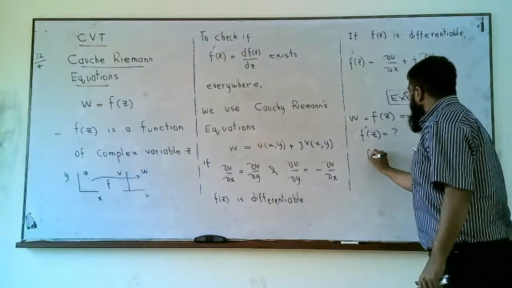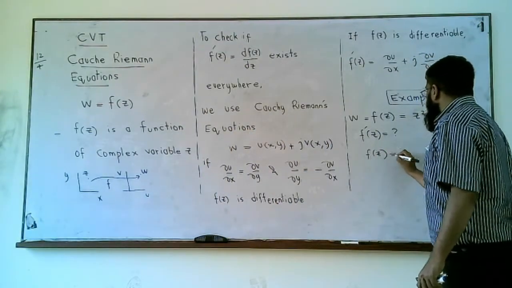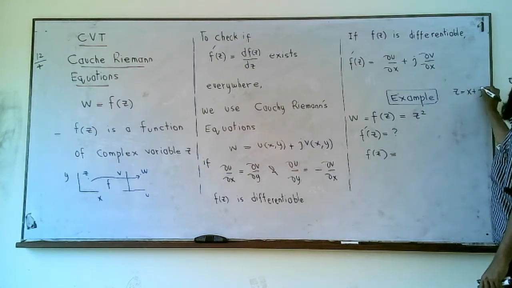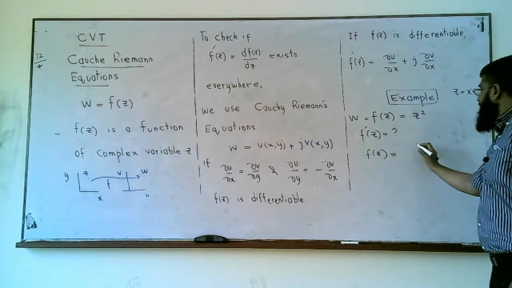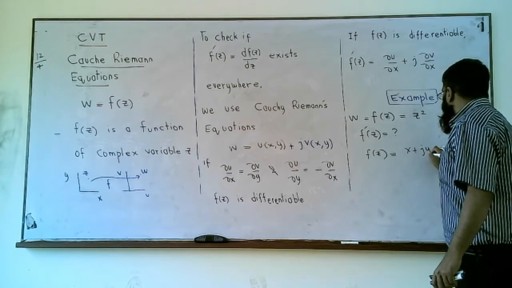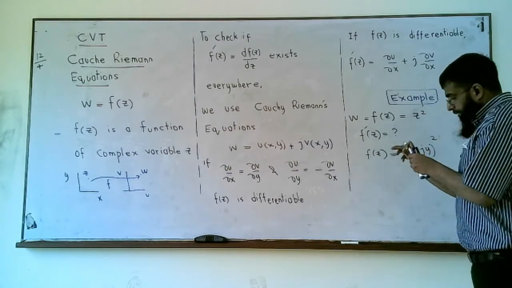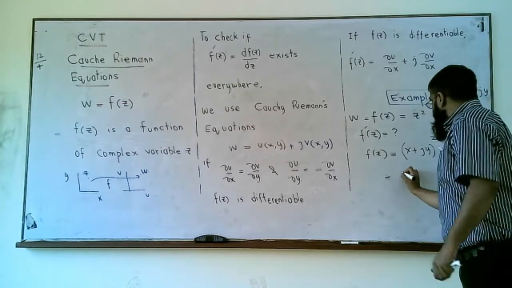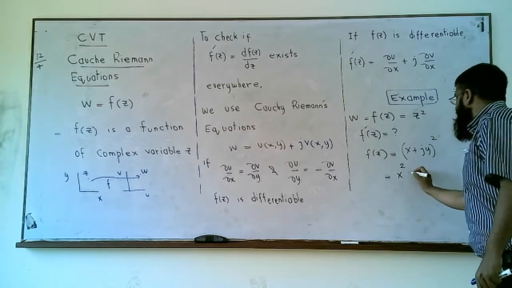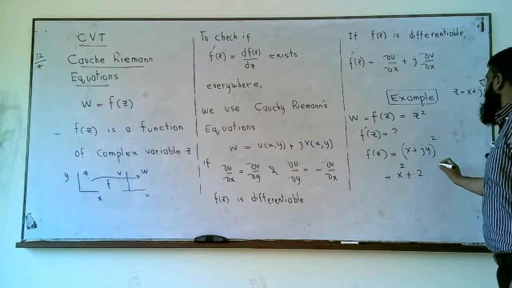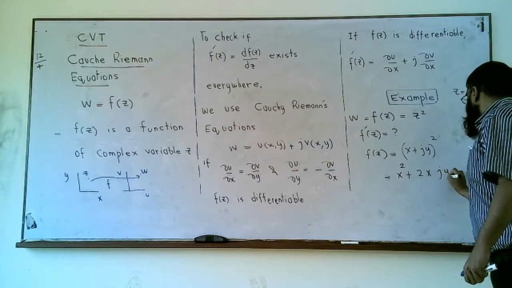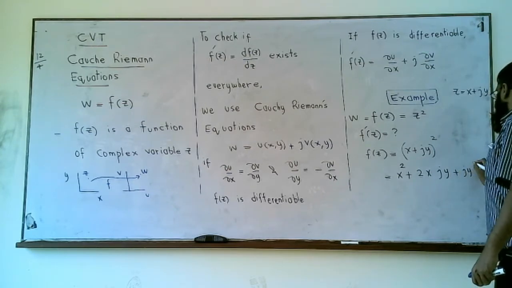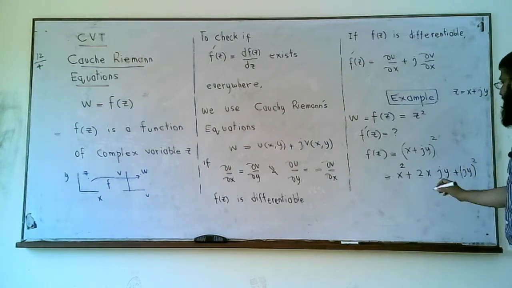Right, so let's first write f of z in terms of x and y. We know that z is, we studied in the last lecture, x plus jy. So let's put x plus jy here and compute the square, which is a squared plus 2 times a times b plus b squared, right?